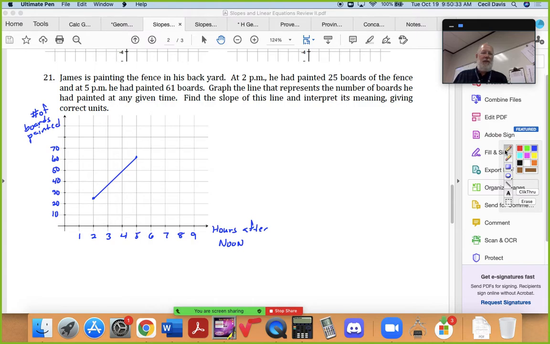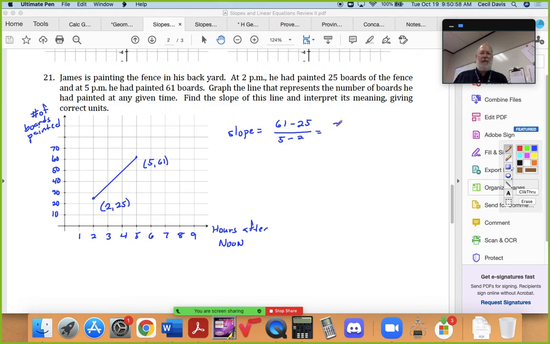To find the slope for those, we need the coordinates of these points. So this is (2, 25), and this is (5, 61). So the slope will be equal to 61 minus 25 over 5 minus 2.